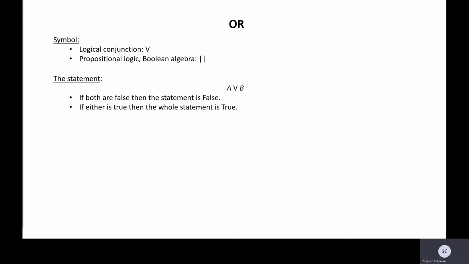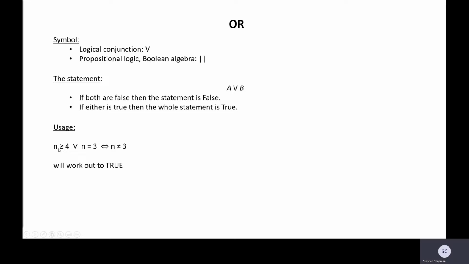So what we have here is that side A or side B has to be true for the statement to be true. If A is false and B is false, the whole statement's false. But if A is true and B is true, then the statement is true. So let's have a look here. N is not 3, so it's any number other than 3. Is N greater than or equal to 4?